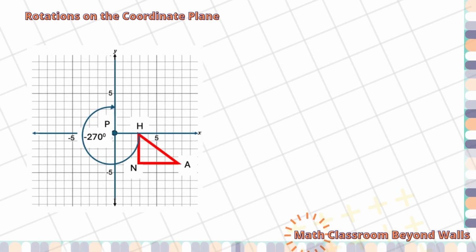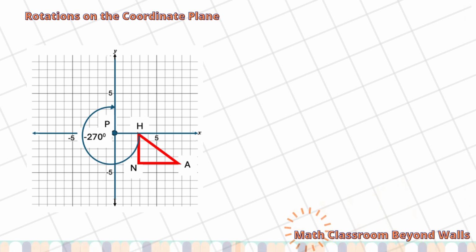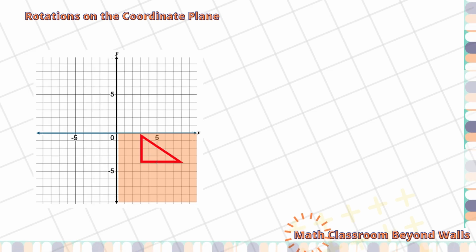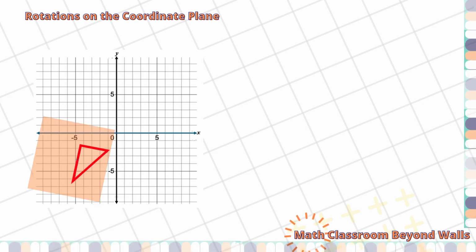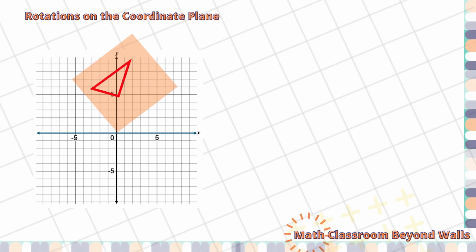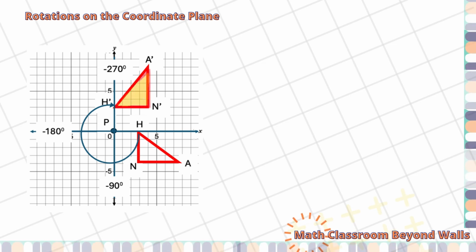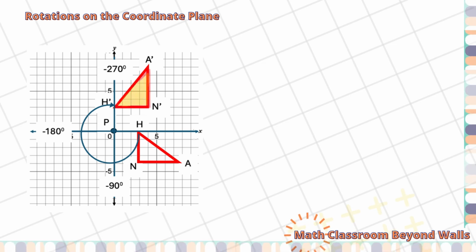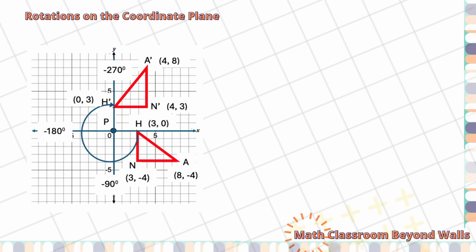Rotating triangle ANH 270 degrees clockwise gives us this. We get the coordinates of the corresponding vertices, so we can write the transformation rule or the rotation rule for this type of rotation.